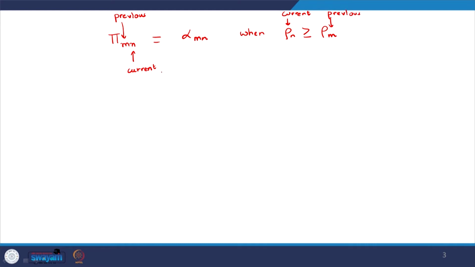On the other hand, I am multiplying this quantity by rho n by rho m when rho n is less than rho m, right. And now, I am referring to the stationary rho distribution, right.